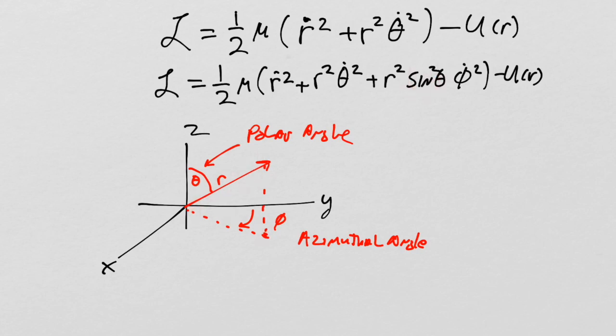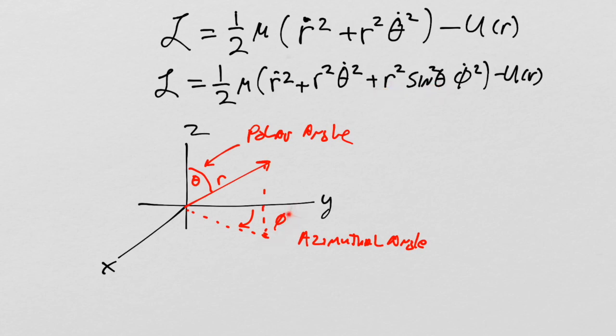So that's where this sine theta term comes in. But what's critical to note is that there is no dependence on the azimuthal angle. There's a dependence on theta through this term, so the coordinate theta is part of this problem, and the coordinate r is part of this problem.